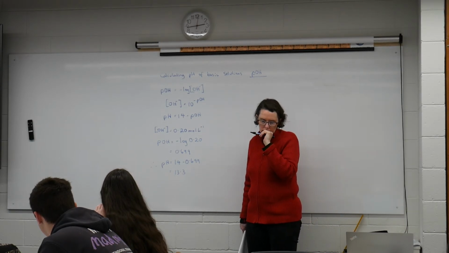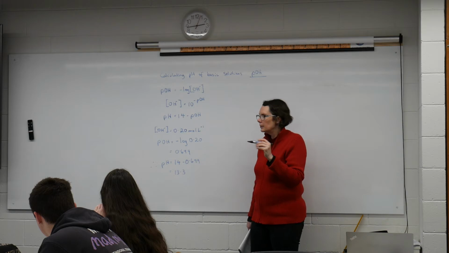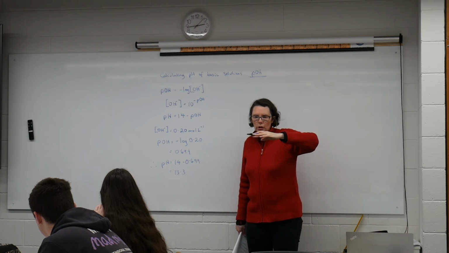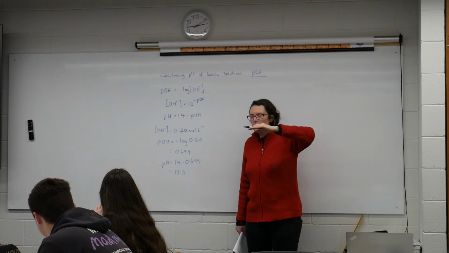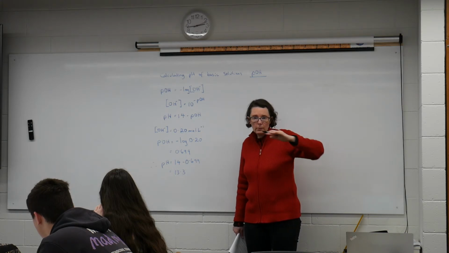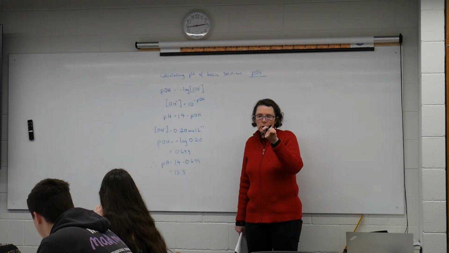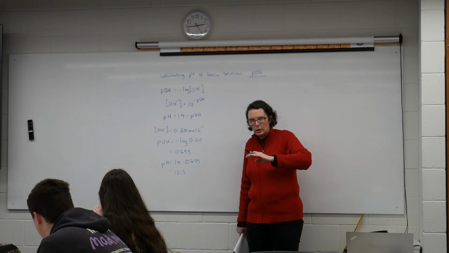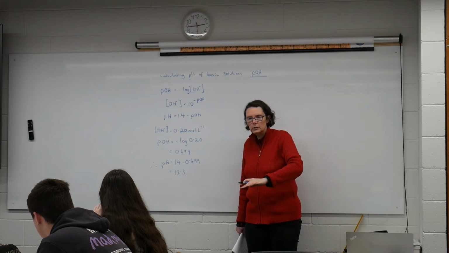Oh, okay. Yeah. So remember that at pH 7, the concentrations of acid ions and base ions are equal. So there's no excess of H plus ions or OH ions. If we have a pH lower than 7, we have an excess of hydronium ions.